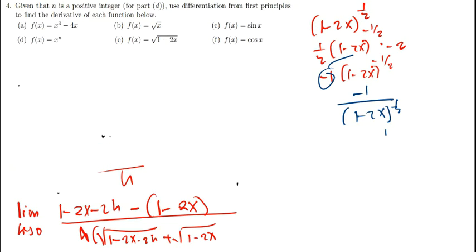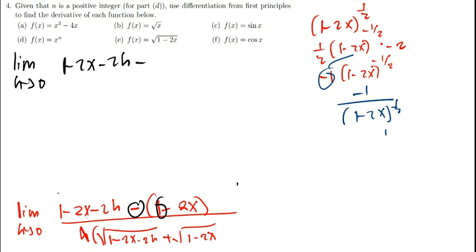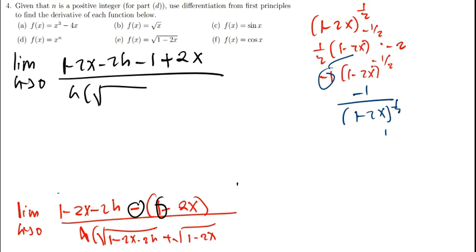When I do this, the next thing I'm going to do is limit h approaches 0. Now I can open the brackets there in between. So this and this is going to give me negative 1, then plus 2x divided by h, open brackets, the square root of 1 minus 2x minus 2h plus root of 1 minus 2x.